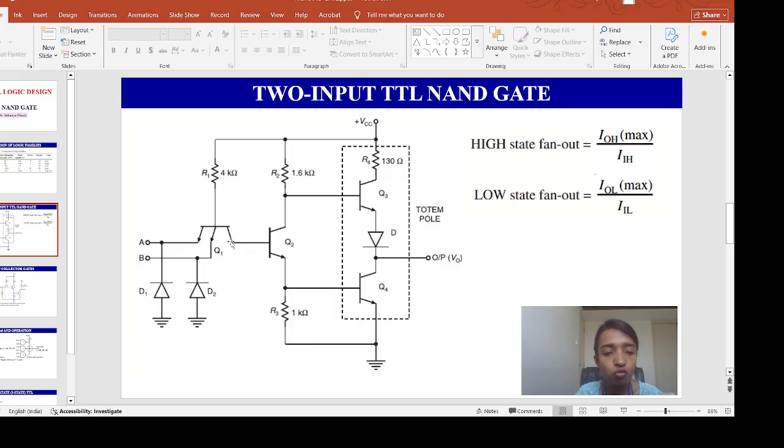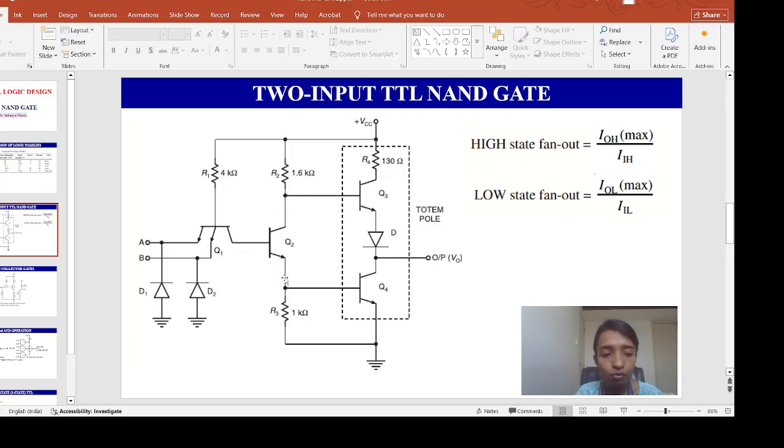So the current flows to the ground through the emitter of Q1. So the base of Q1 is at 0.7 volt, and since the base is 0.7 volt, it can't forward bias the base emitter junction of transistor Q2. So Q2 remains turned off.